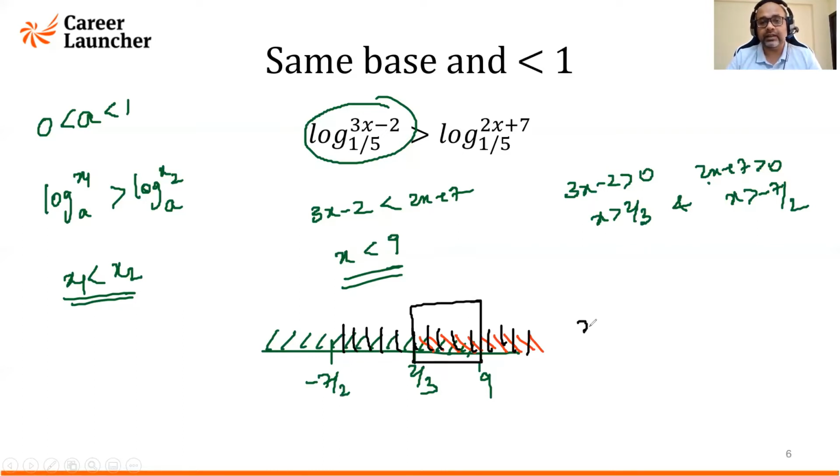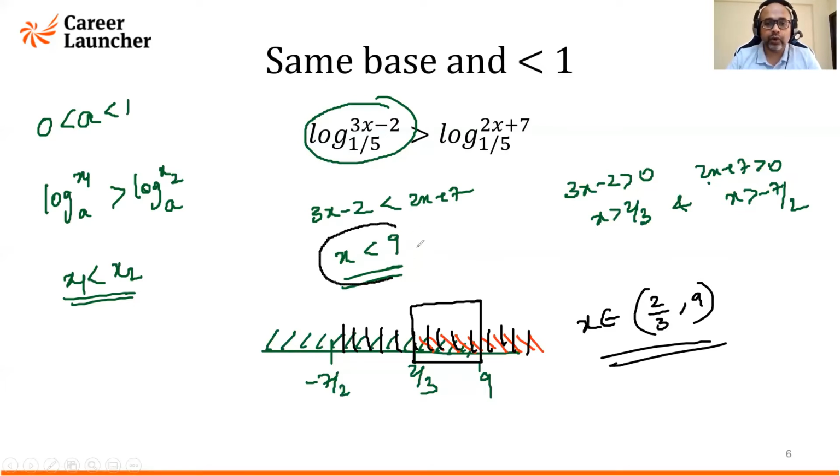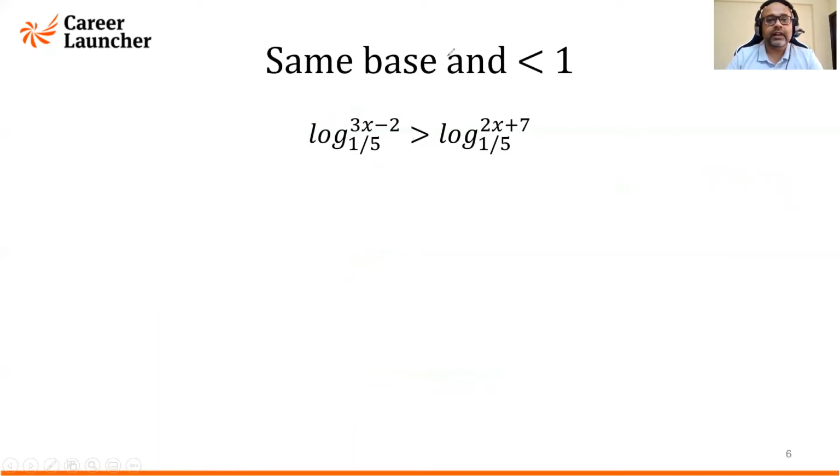So my final answer becomes x belongs to (2 by 3, 9). This is my answer. So you can see very clearly that what you got is different from what the final answer is. So once again, the importance of logarithm being defined and the condition that comes from there plays a role in this. Right?